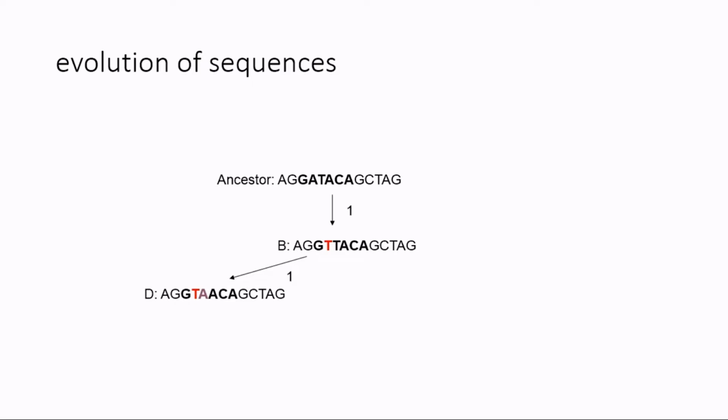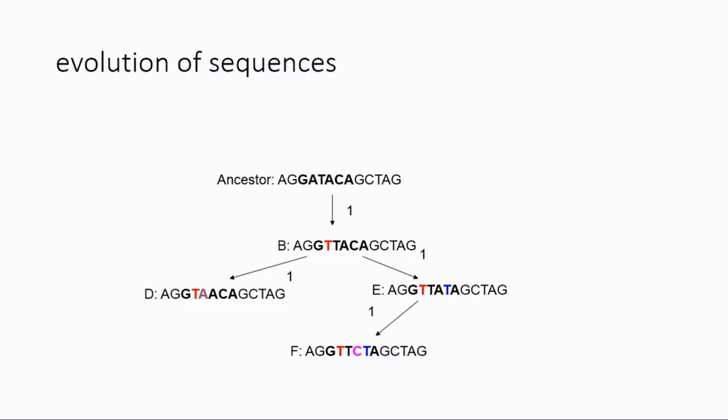And that sequence, B, gives rise itself to a daughter sequence where the second T is mutated to an A, which I've shown in purple, in sequence labeled D, but it also gives rise to another sequence labeled E, in which a different nucleotide is changed, a C for a T in blue there.